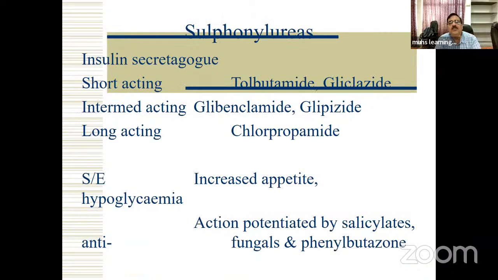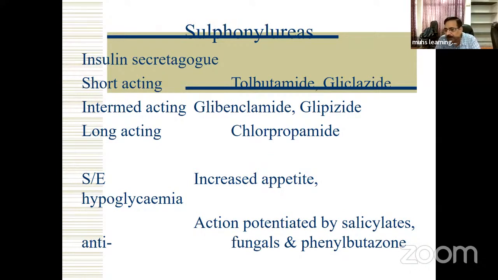So what you find is that they are defined on the basis of short acting, intermediate acting, and long acting. What is that? Tolbutamide is the favorite old-timer drug which is available in the public healthcare system of many countries, including yours. I have gone through some of the treatment guidelines.